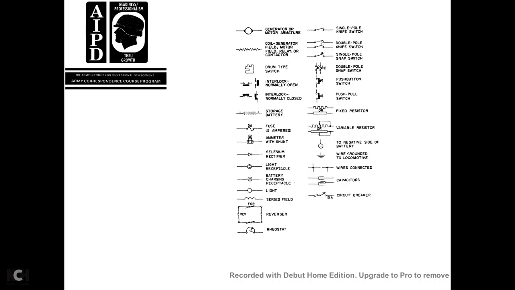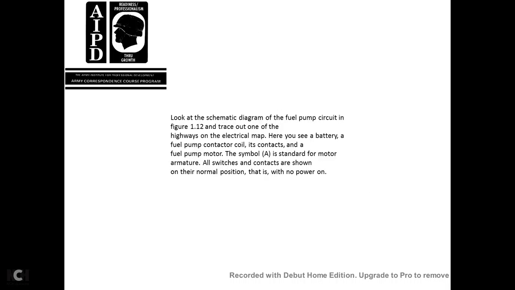Also, the wire ground is a triangle, a pyramid made out of dashes, at the end of the line. Wire ground of the locomotive. Wires connected are shown by dots. Capacitors are closed doors. A circuit breaker also comes with a fixed resistor, your amperes, and a push-pull switch.